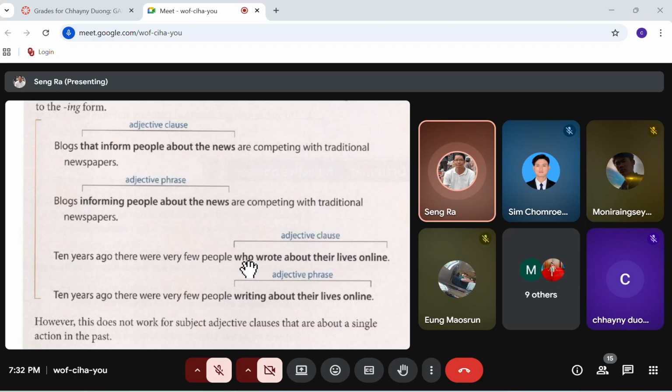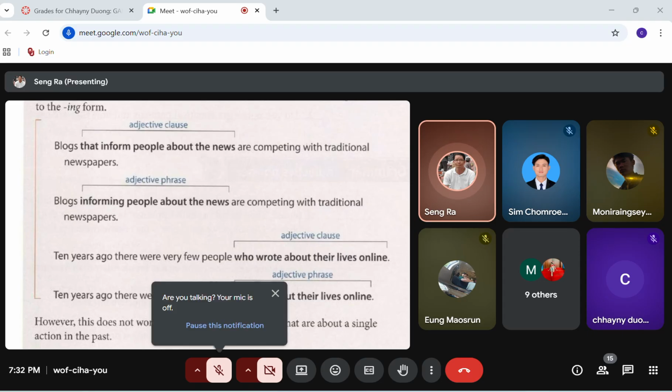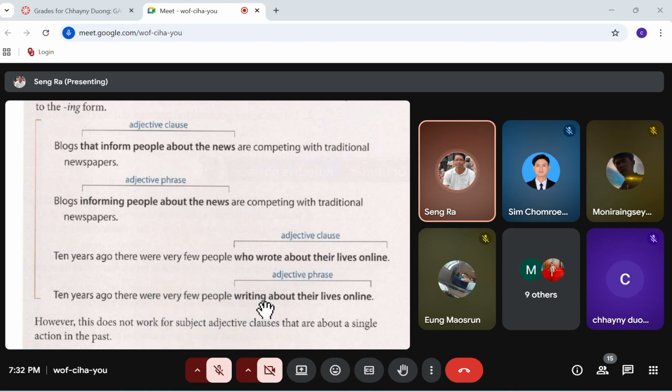In a clause, we have subject and verb, who wrote. In the phrase, we don't have a finite verb; if we have a verb, it should be ing or ed, a participial phrase.